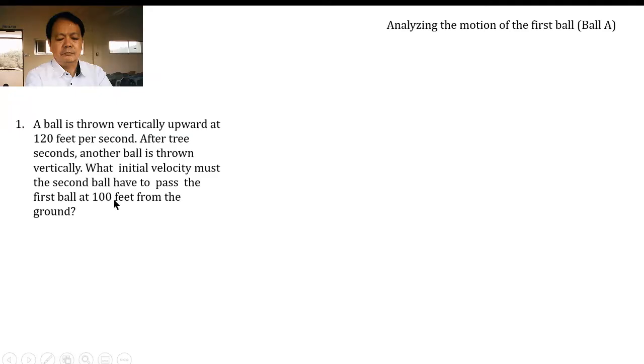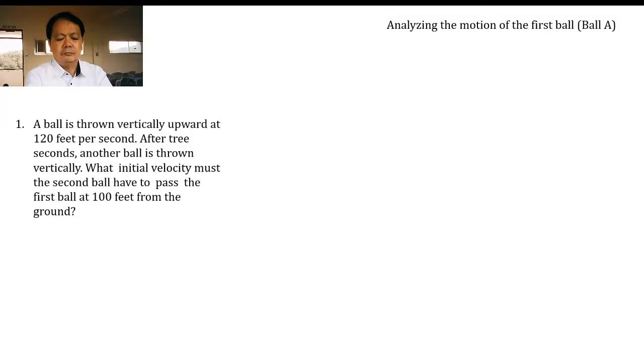Ito tanong. In what direction kaya that the second ball will be passing the first ball? Ibig kaya bang sabihin nyo na ma-overtake niya yung first ball? O yung second ball will pass the first ball while the first ball is already falling down.